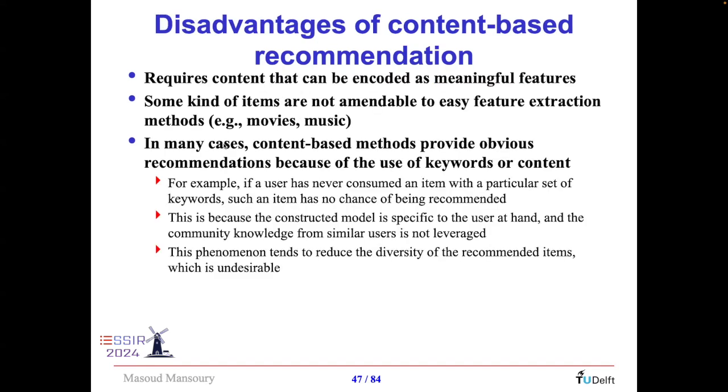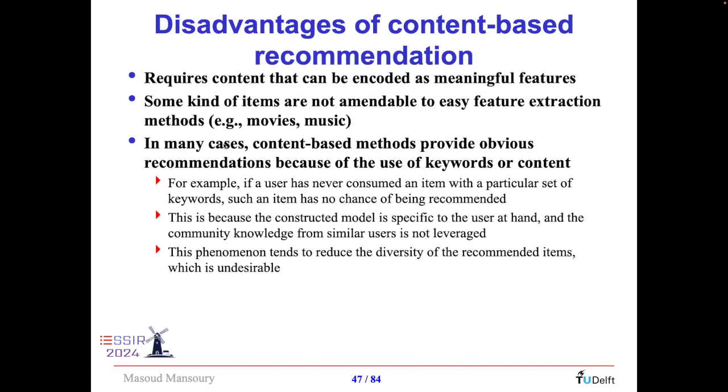The disadvantage for content-based is that it requires content information. Sometimes it might not be available. Also, if you want to develop algorithms to derive the content information for certain domains, it would be challenging.